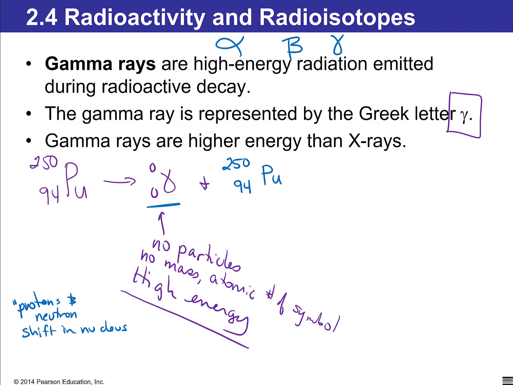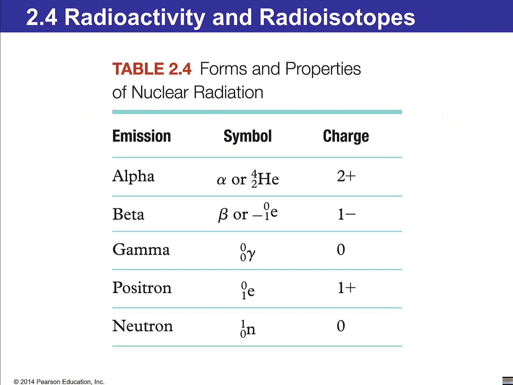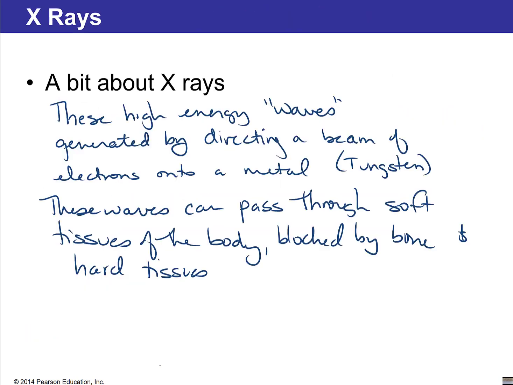In fact, gamma is the most like X-rays. So most people are more familiar with X-rays and the energy aspects and blocking, shielding X-rays than they are with radioactive substances. But X-rays are not actually from radioactive substances.